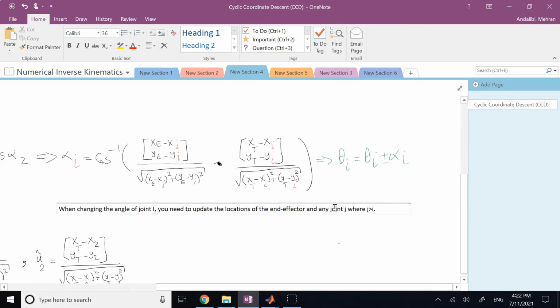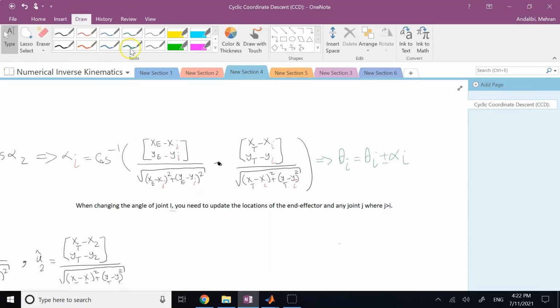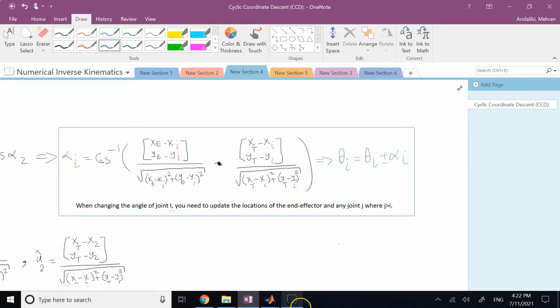Any joint with an index bigger than the current index, their location should be updated, not all of them, because the rest of them, of course, are not going to change. Right? So there we go. This is a little bit more complete compared to the previous one: how you change each joint and which positions you update. And how would you get the update, by the way?